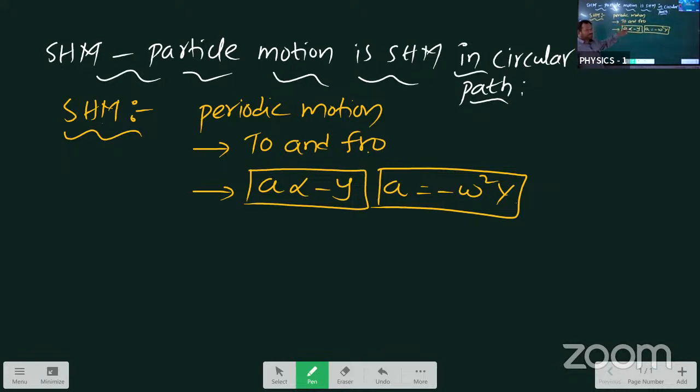These two conditions belong to SHM. Now we'll show how the particle motion in a circular path is SHM. So, students, SHM means these two conditions: a periodic to and fro motion, and acceleration directly proportional to displacement with opposite direction.